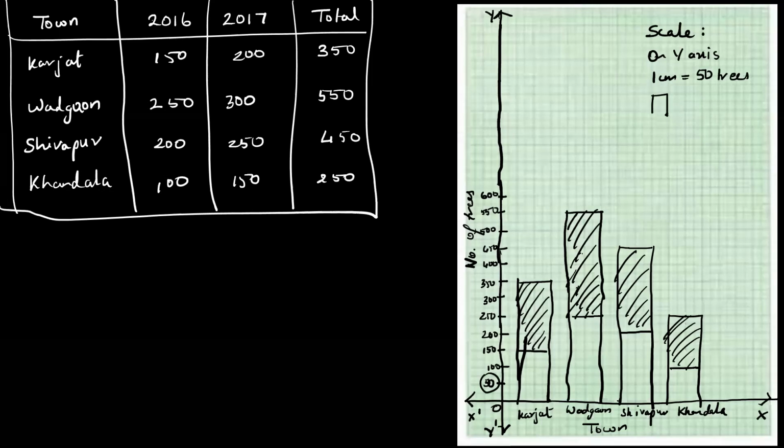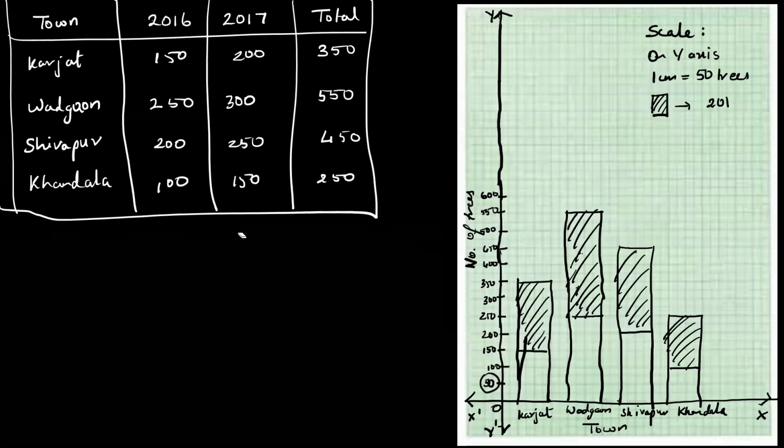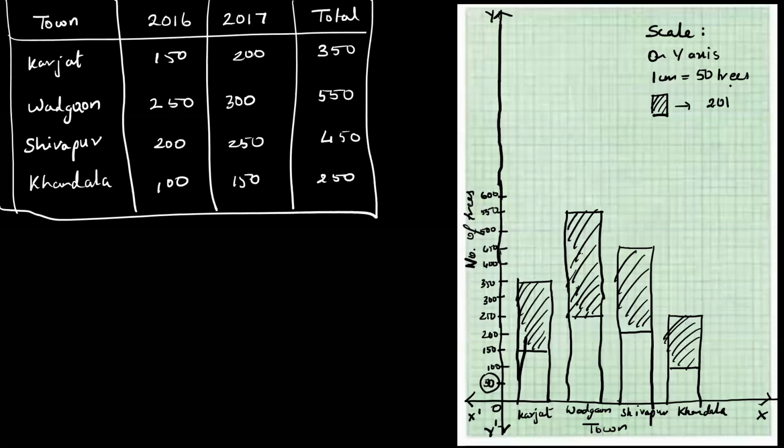And this time, the shaded one is for the year 2016. Oh, sorry. The shaded year is 2017, and the non-shaded year is 2016.